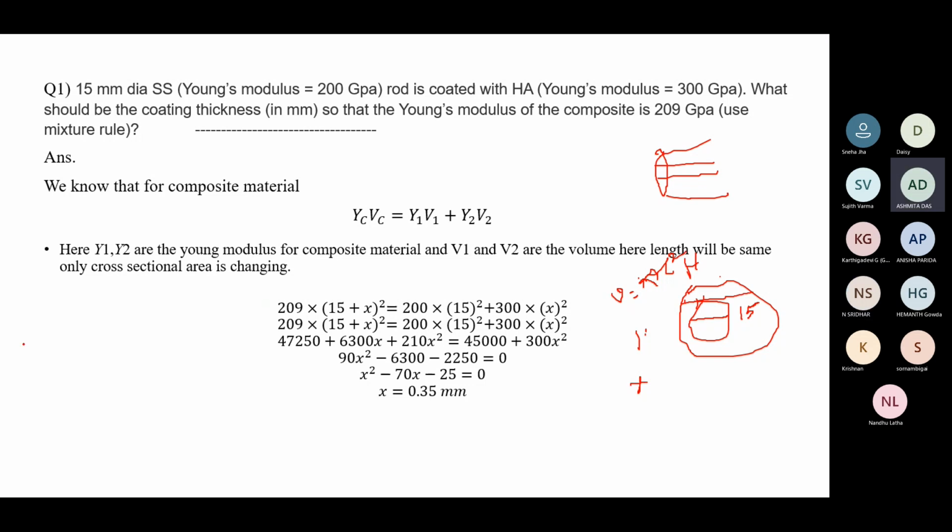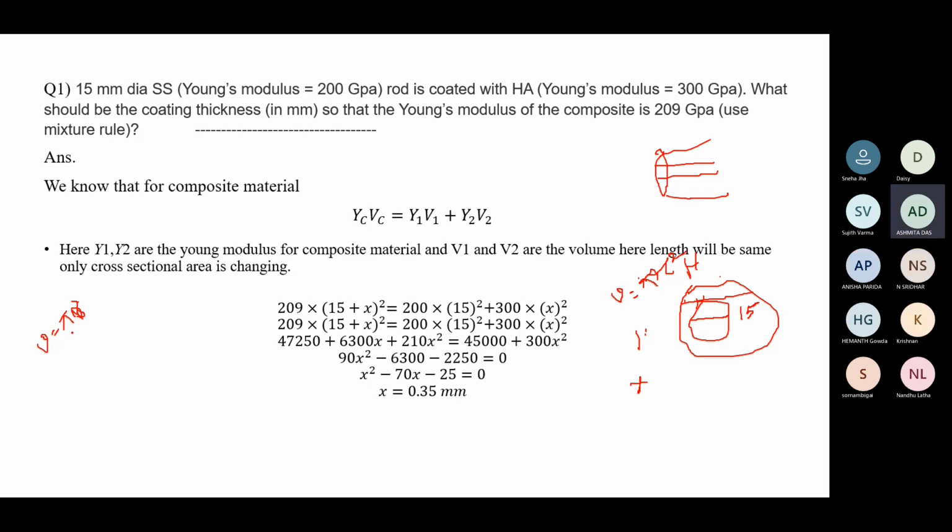V equals pi d square by 4 into h, right?